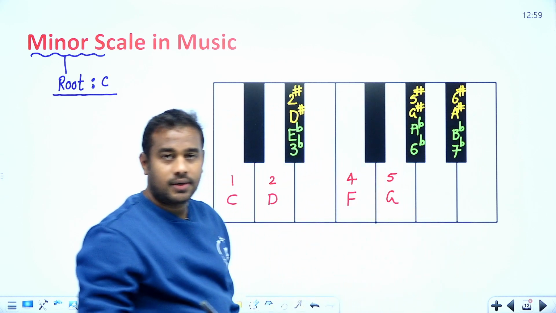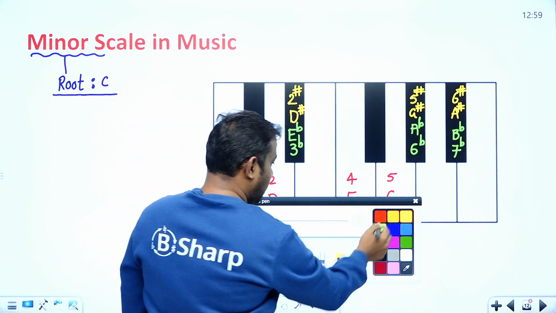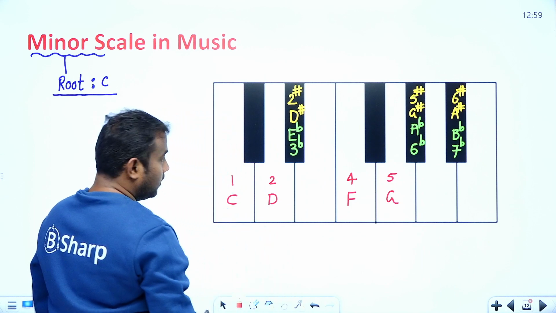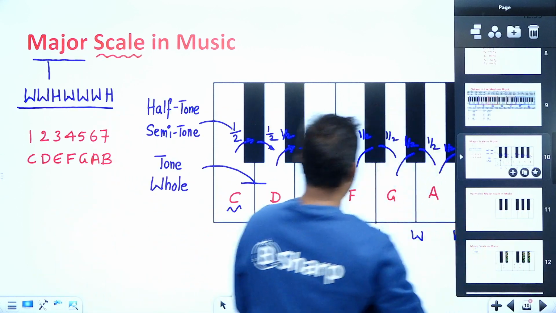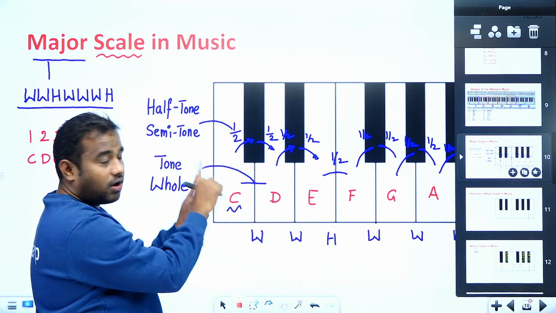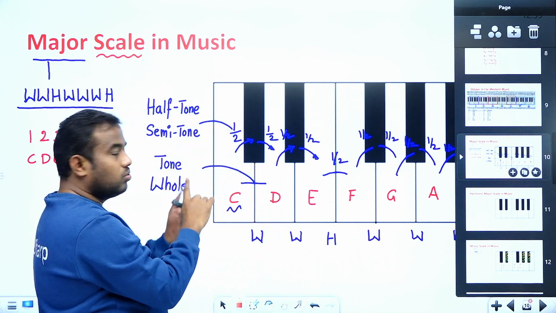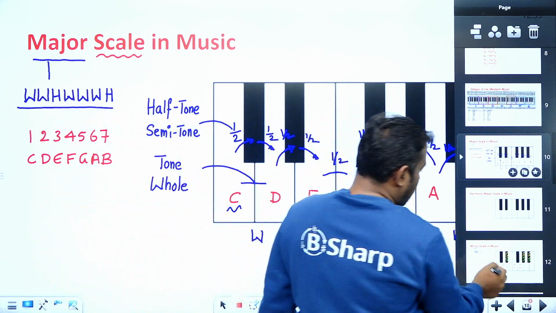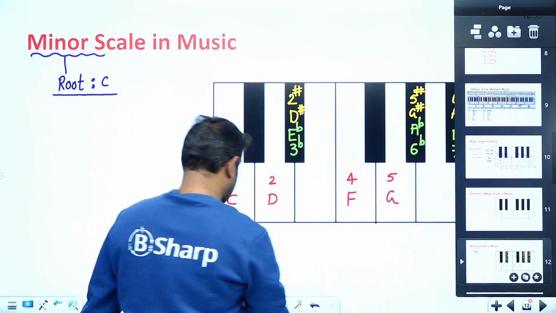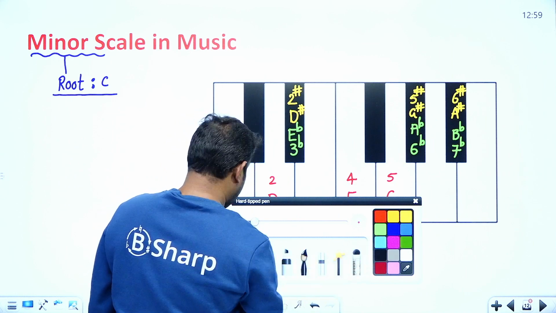When you look at these keys, like we did these calculations in the previous class, we are talking about the distance: a half distance, or 2 halves equal to 1 full tone. The same thing we have to do here.